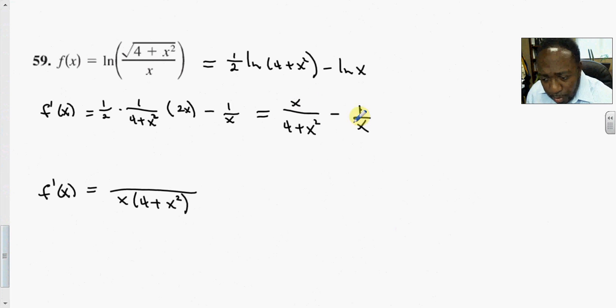Multiply this numerator by this x, so it's x times x is x squared, minus the 1 times this term here, in parentheses, 4 plus x squared.